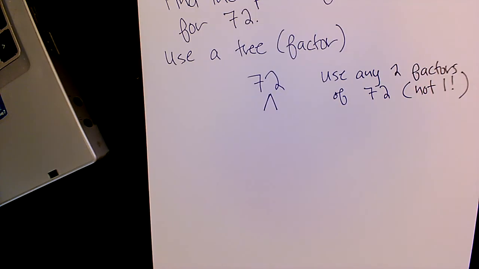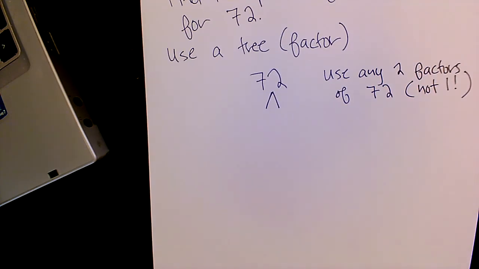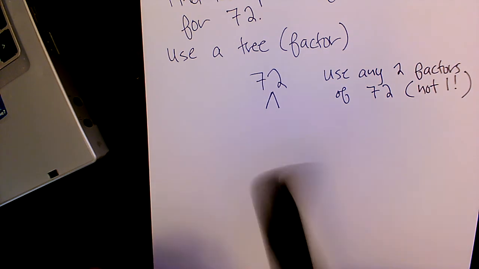Can't use the number 1. Let's see, we could use 2 times 36, 12 times 6, I'm sure 4 goes in, I know 5 doesn't. What comes to mind for me right away is 9 times 8. So I am going to use 9 and 8.